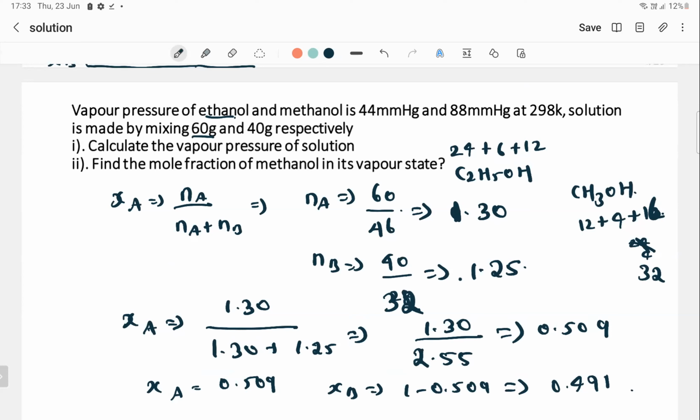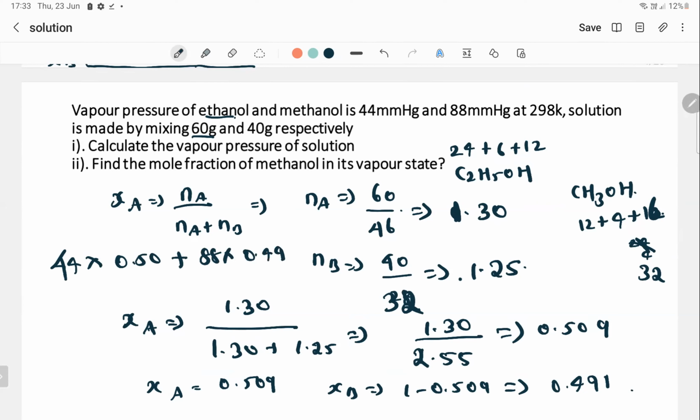Check it once more. Cross check it. 0.50. So 44 into XA, which is 0.50, plus 88 into, what is your XB? 0.49.